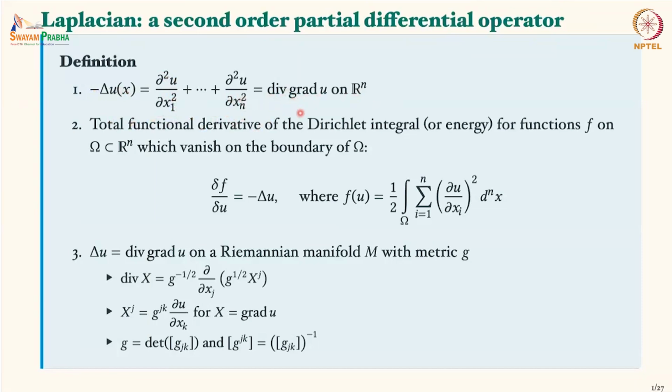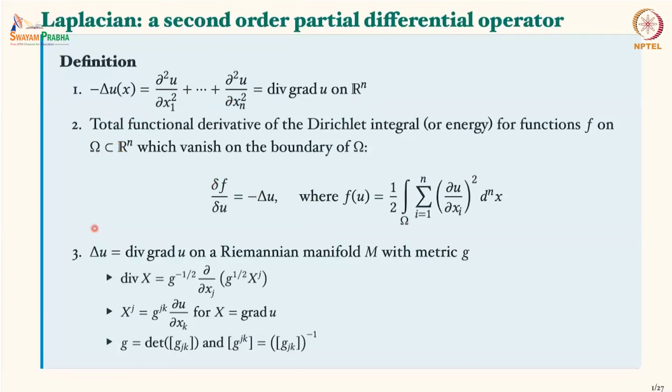So you can write this as divergence of gradient, and this holds true in not just R2 or R3, but in Rn more generally. So that's one definition. Another equivalent definition is that it's the functional derivative of the Dirichlet integral or the Dirichlet energy. And this involves some degree of variational calculus, which I am not going to get into. It's just given for information's sake that this is also a definition.